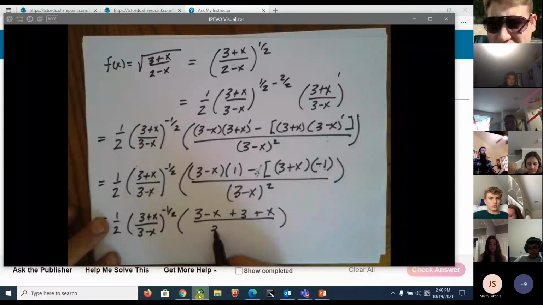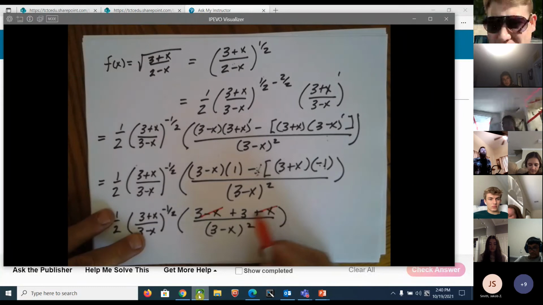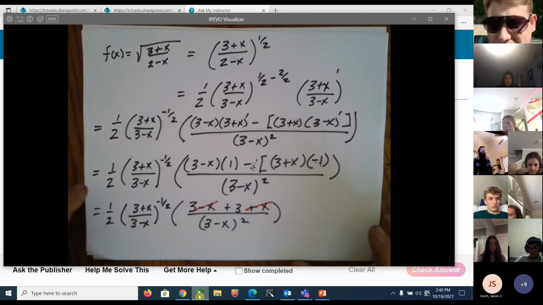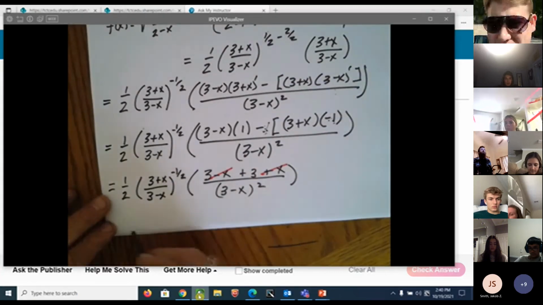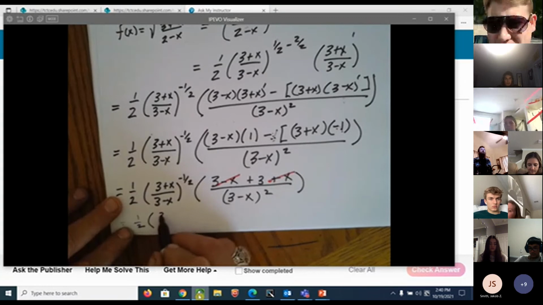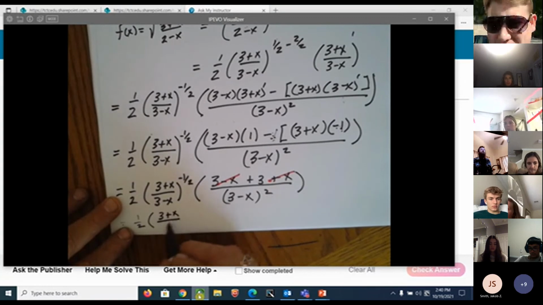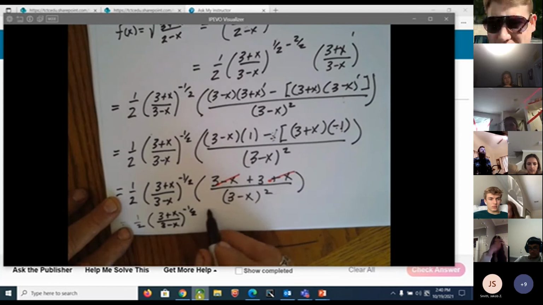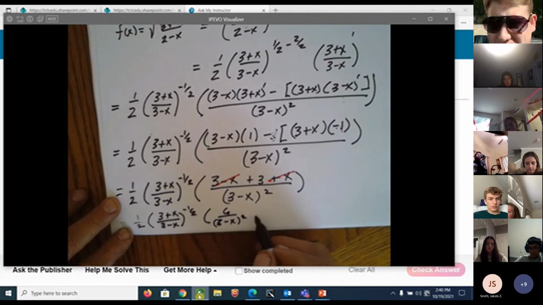And those x's are going to cancel. You're left with 6. So I'll put in one more line down here. Equals 1/2 times 3 plus x over 3 minus x to the negative 1/2 times 6 over 3 minus x squared.